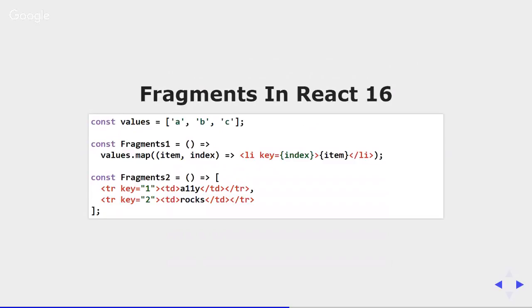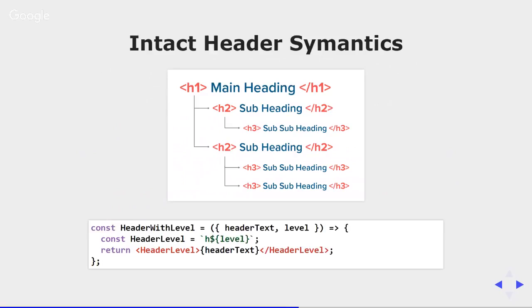So when you run into this situation, if you're going like, whoa, I've got to wrap it in a div, otherwise my application doesn't work, remember, just use fragments in React 16 and it helps you a long way.